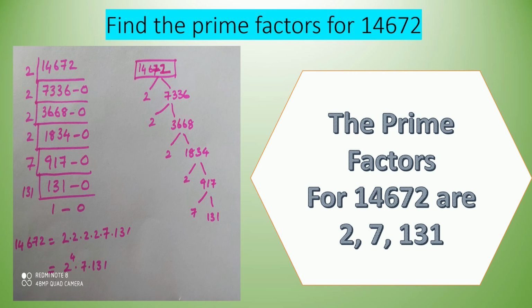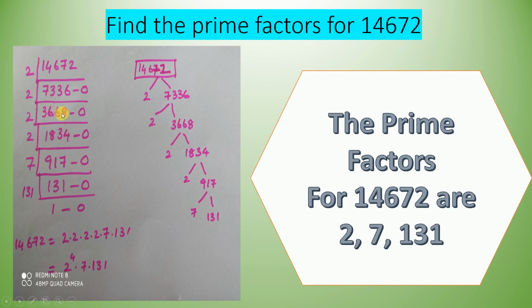So here 2 7s are 14, 2 3s are 6, 2 3s are 6, 1 is remainder. You will have 12, 2 6s are 12. Then you have 2 here. 2 3s are 6. There is 1. 2 6s are 12. 2 8s are 16. 0 is the remainder.